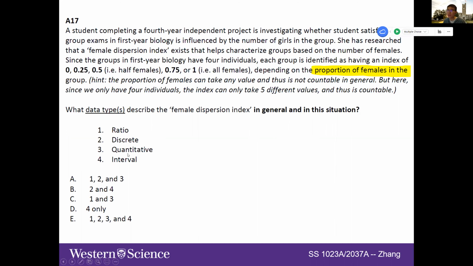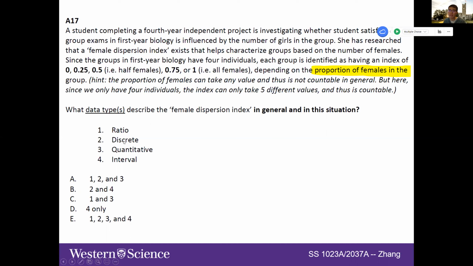But in this specific situation, we only have 4 people, so the female proportion can only take a countable number of values. So it is discrete data, and the answer should be A.